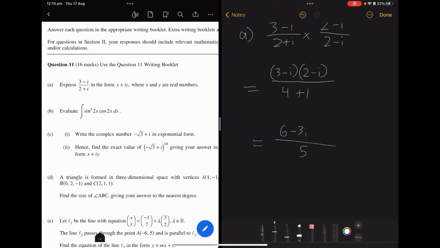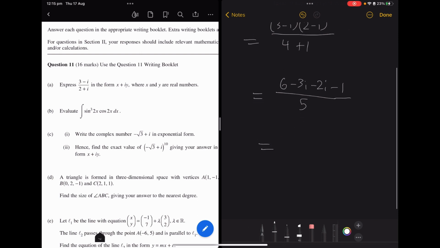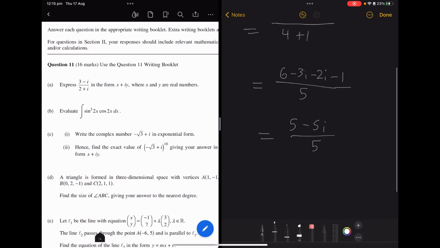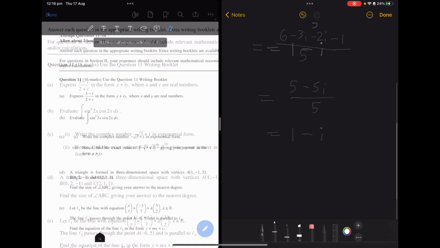Negative i times 2 is negative 2i. And negative i times negative i is just minus 1. So simplifying it down, we have 6 minus 1, which is 5, minus 5i, over 5. And finally, that becomes 1 minus i. And that will be it for part A.